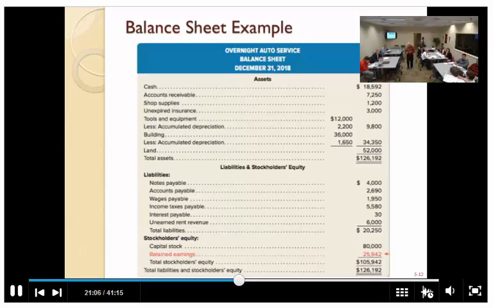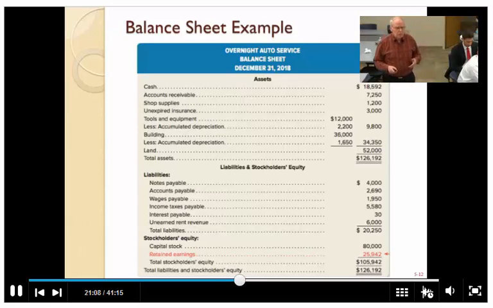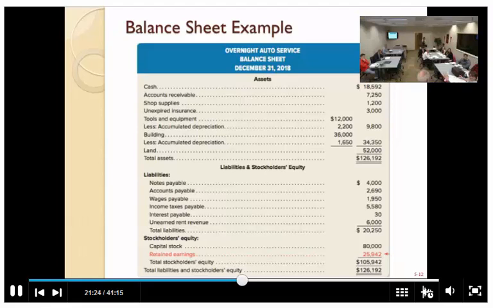Can you just explain the accumulated depreciation? Oh, we haven't done the fixed asset chapter, and I don't even know if we're going to, but remember I talked about deferring expense, and I said prepaid insurance and prepaid rent? Well, the biggest prepayment is when I go out and buy long-lived assets. What do I mean by that?